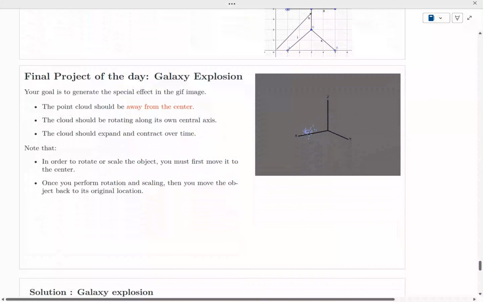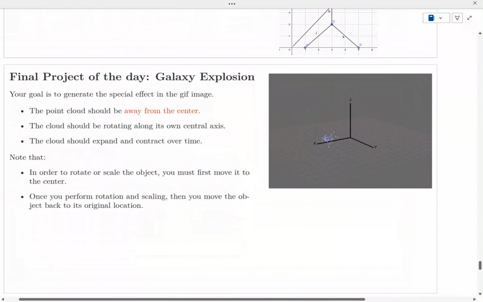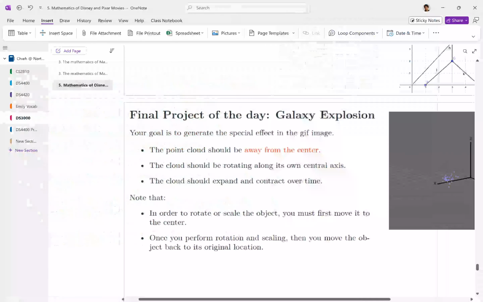All right. The final project of today. Basically, your goal is to generate a special effect of explosion or galaxy explosion away from the center, and let's see what it looks like. I think it's right here. Yeah, you can see from the picture that you can picture a galaxy contracting, and then at some point it gets small and then it explodes again.